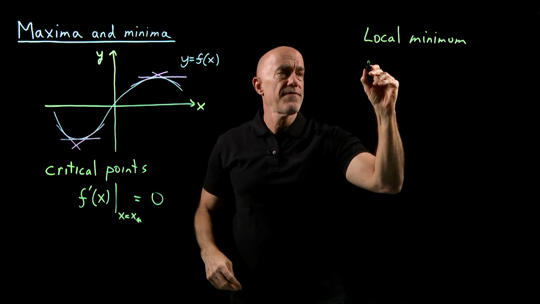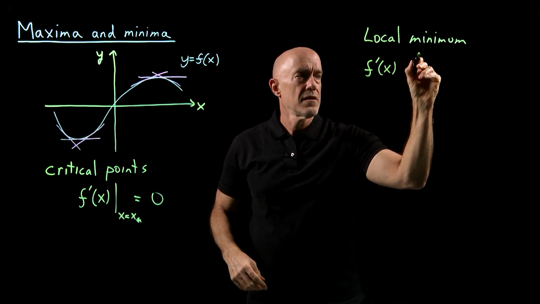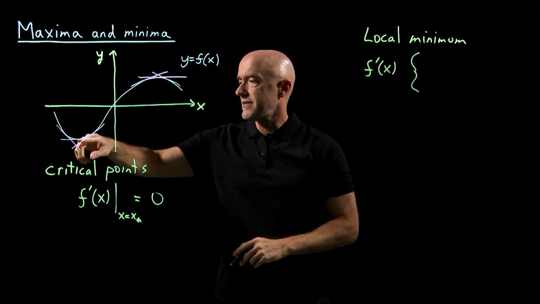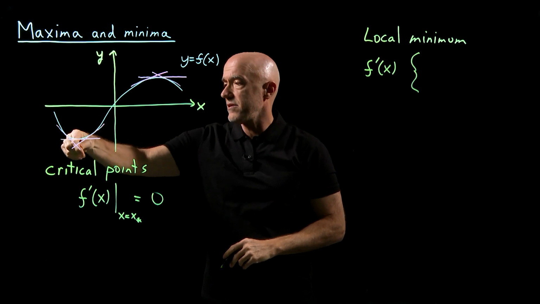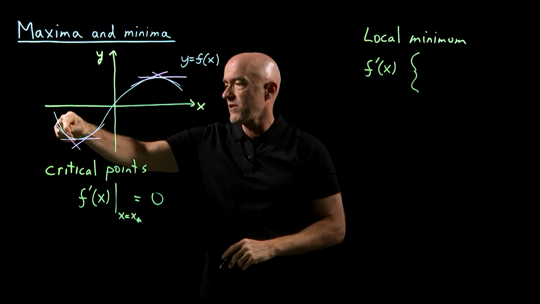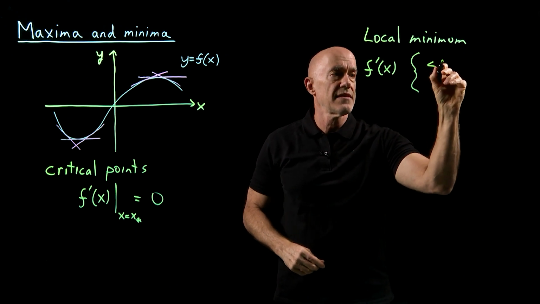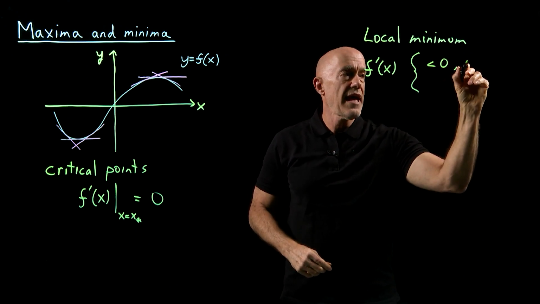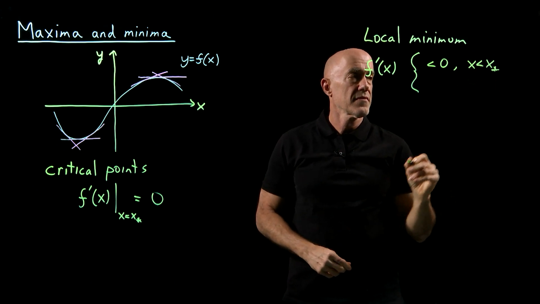Well, when x is less than the critical point, the slope is down, so the derivative of the function is negative. So f prime of x is less than 0 when x is smaller than the critical point.